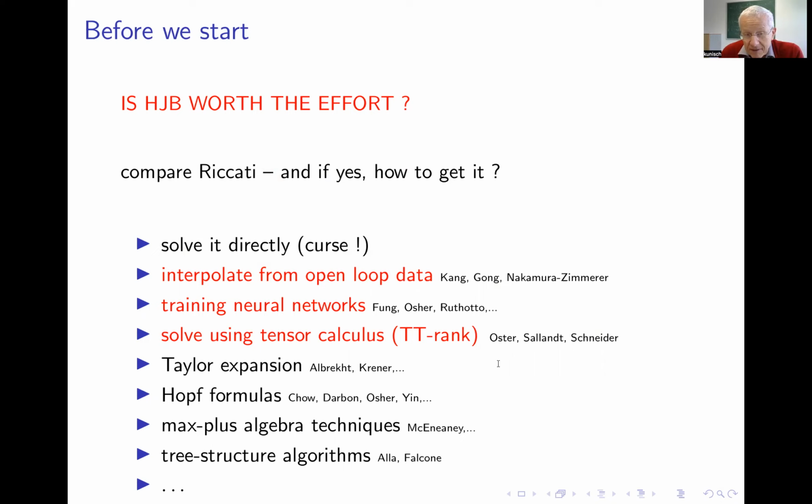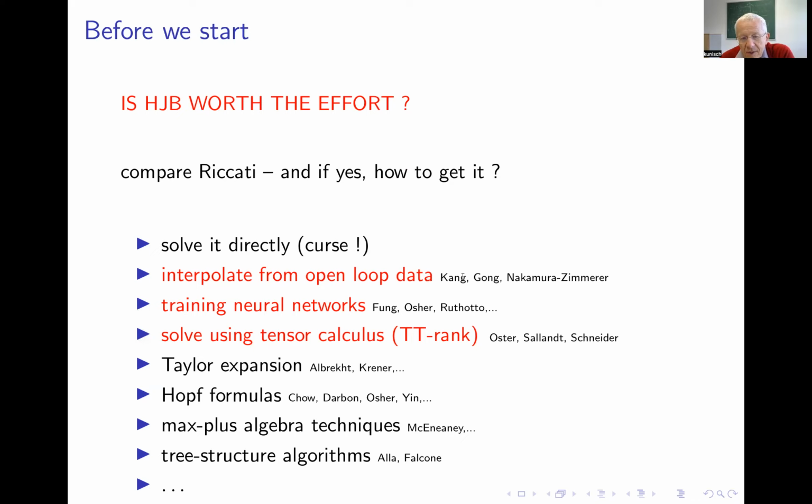So there's a difference. Now a list of techniques which are utilized or investigated. Of course, there is always the possibility that you try to just solve it directly, but quickly above dimension 5, the curse of dimensionality is serious.